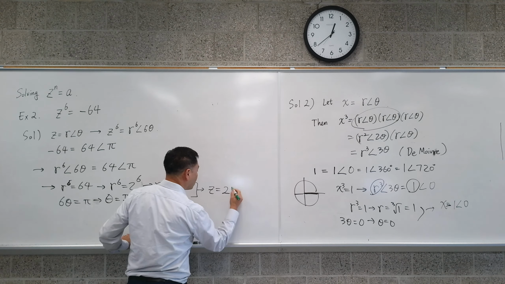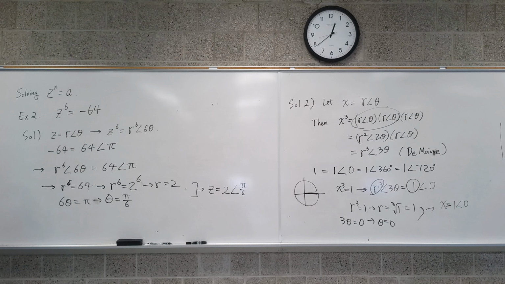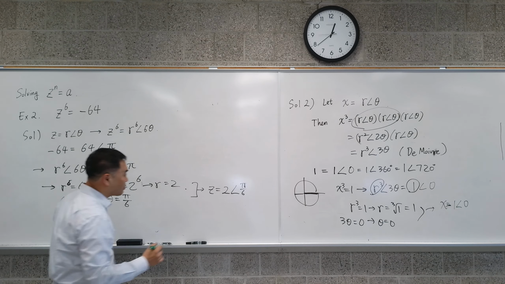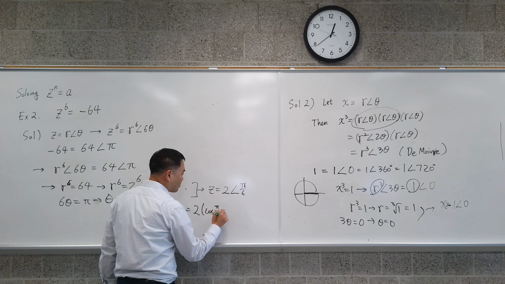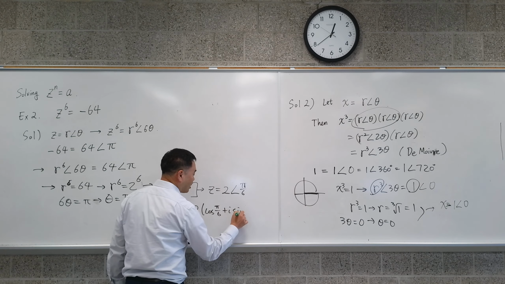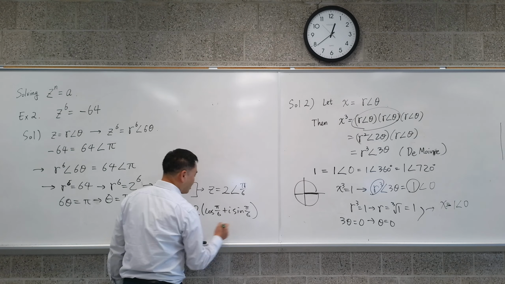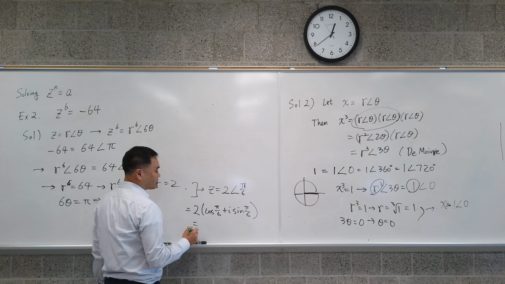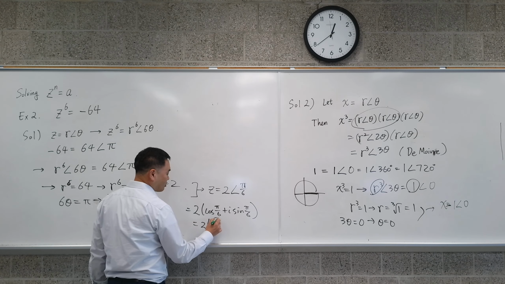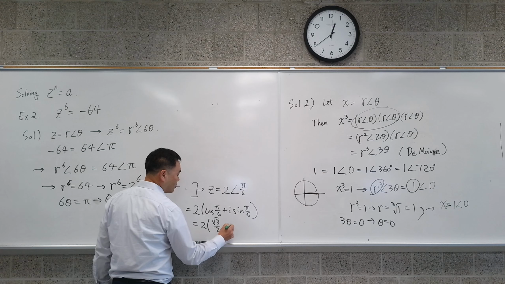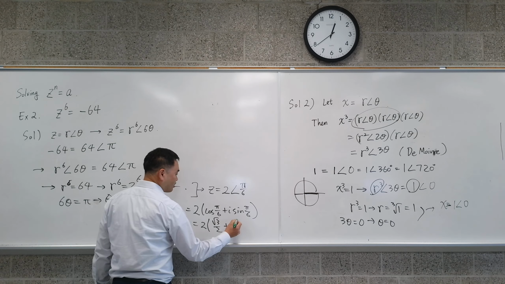And in many cases, they ask you to write the answer in rectangular form, so you have to rewrite this as 2 times cosine pi over 6 plus i times sine pi over 6, which is 2 times cosine pi over 6, that's square root of 3 over 2, and sine pi over 6 is 1 over 2.